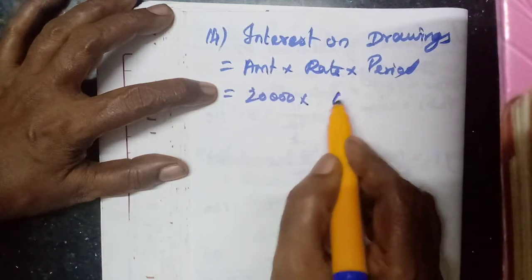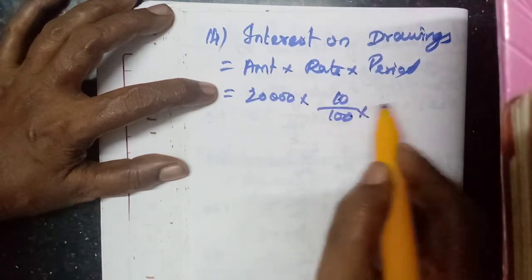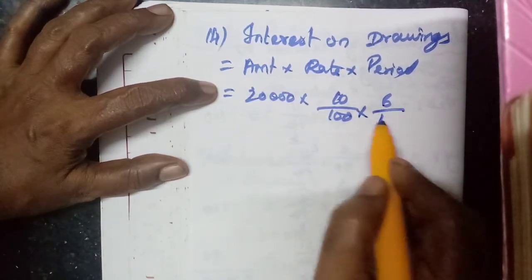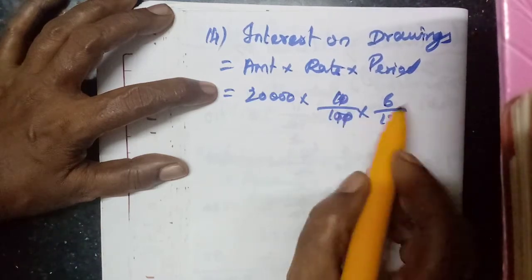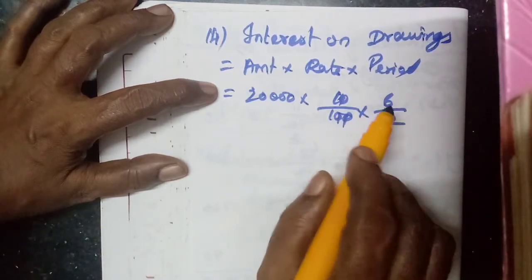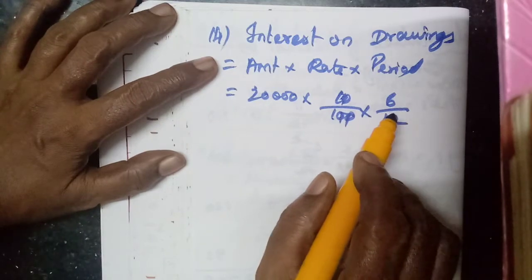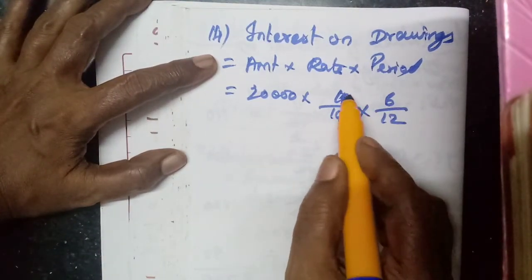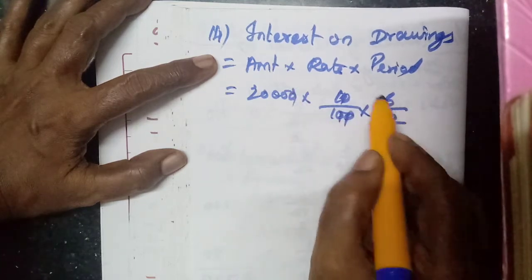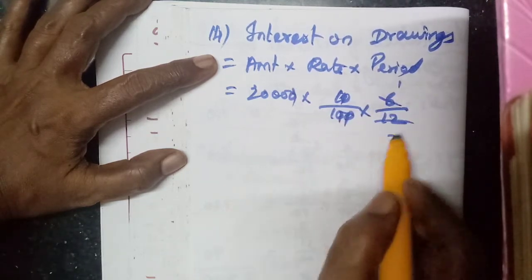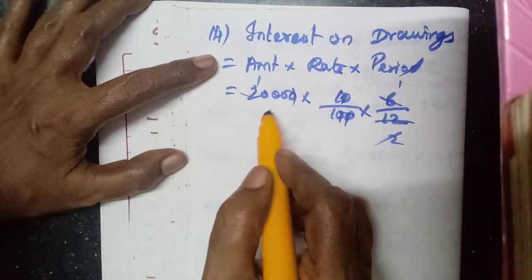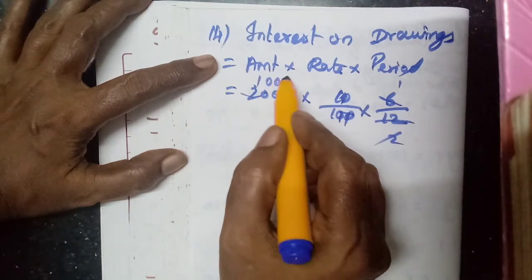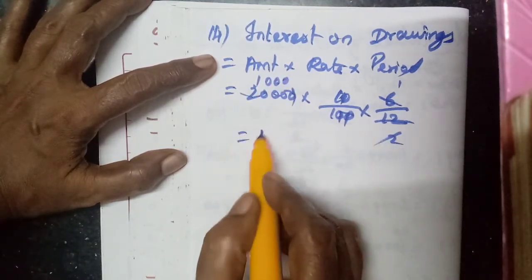Rate given 10 by 100. Period not given, so average 6 by 12 we have to take. That's all. Okay, this one you have to remember. Period of drawing is not given, we have to take average period. 2, 0, 1, 0 and 1, 0. Here 1, here 2. So rupees 1000.